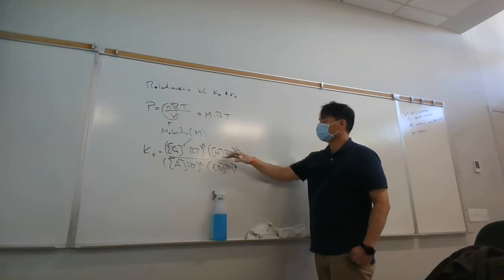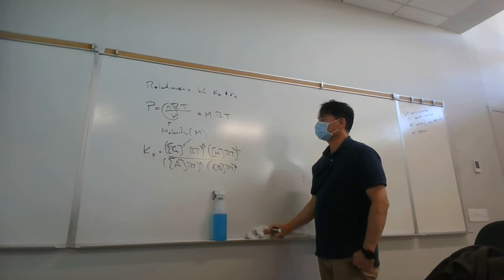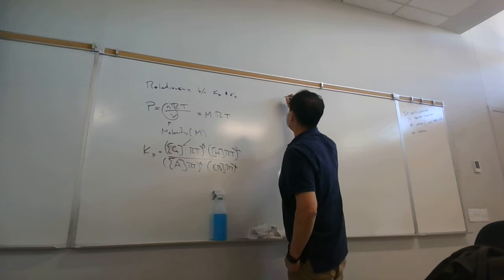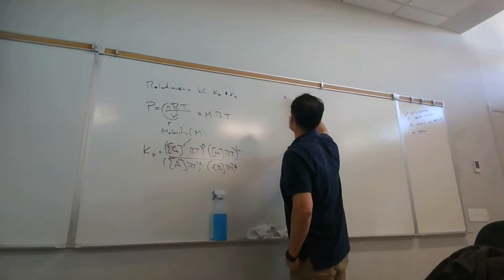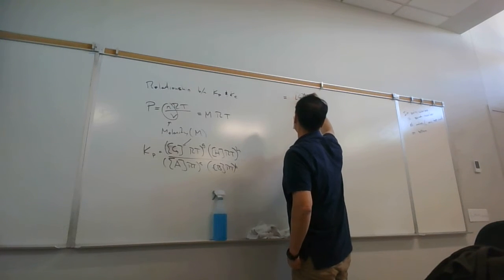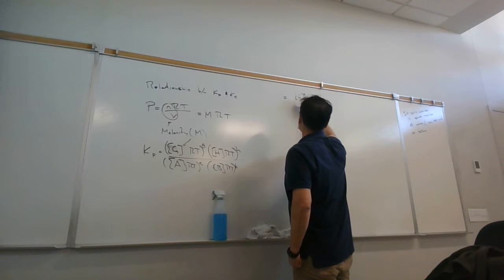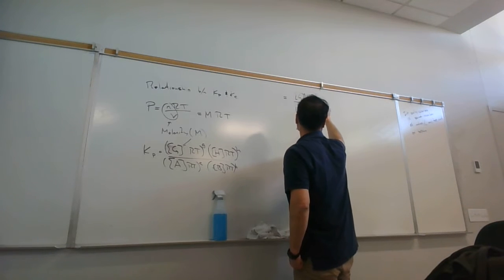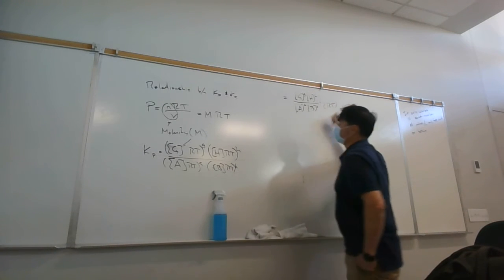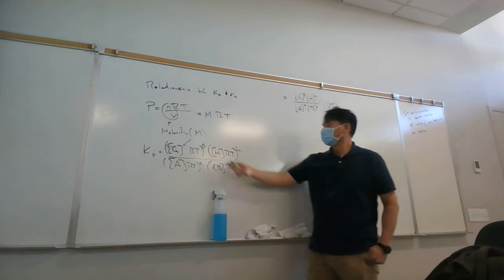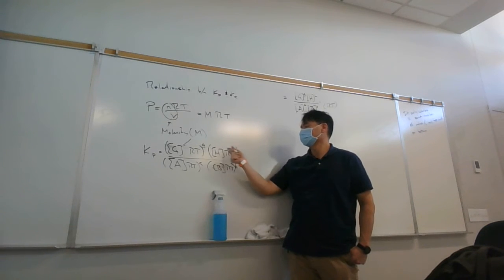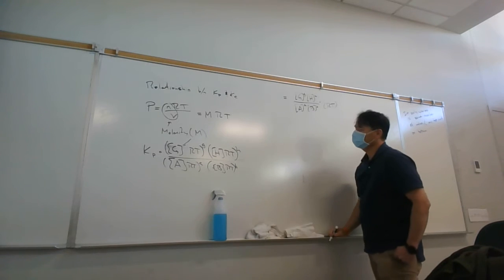So for this, we can factor out the RT. If we factor out the RT, then this is going to equal G raised to little g, H raised to little h, over A raised to little a, B raised to little b. And then we're going to have RT, with G plus H on the numerator and A plus B in the denominator.